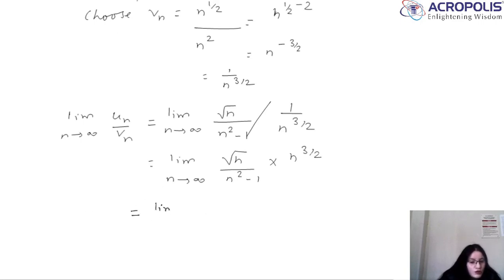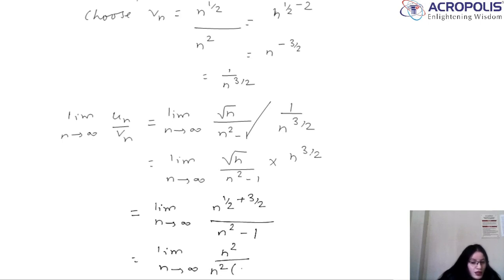So we can write this term n to the power 1 by 2 plus 3 by 2 divided by n square minus 1. 1 by 2 plus 3 by 2 is equal to n to the power 2, and in the denominator we take common n square, then we get 1 minus 1 by n square.